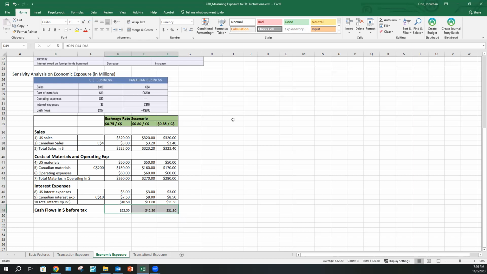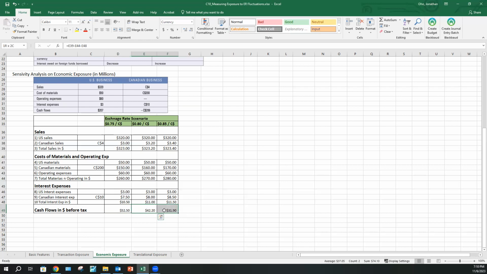Look at this. For the same business, the same transactions, the same structure, just because of the different exchange rate scenarios, we have about $20 million in differences. The first two differ by about 10.1 million.